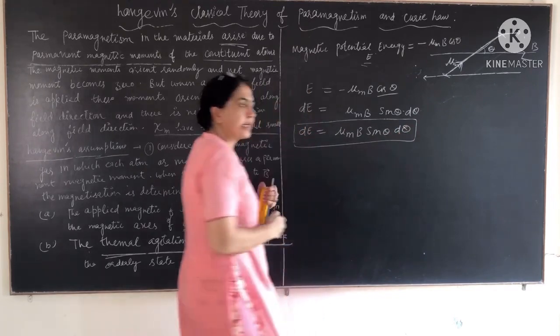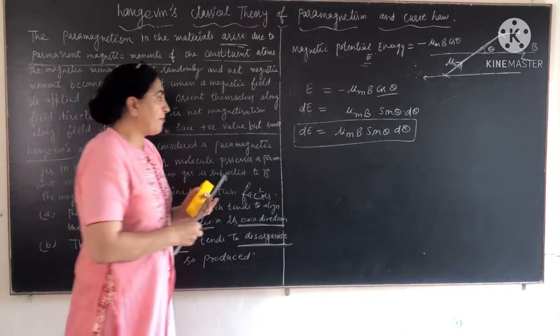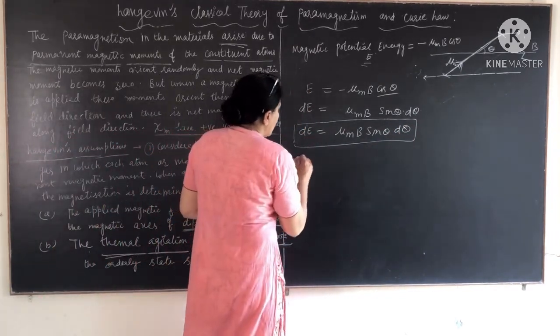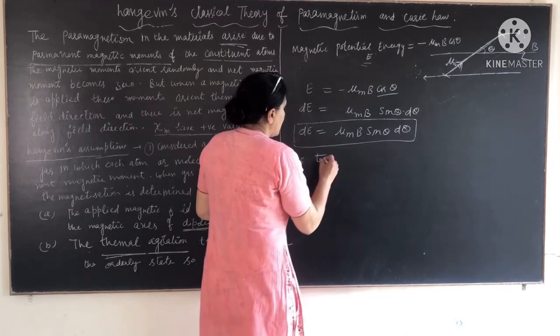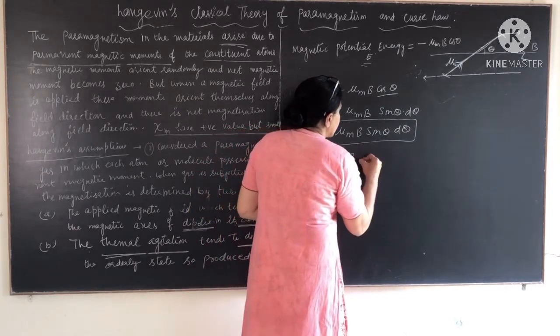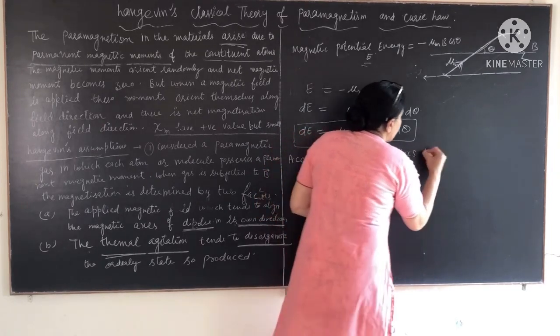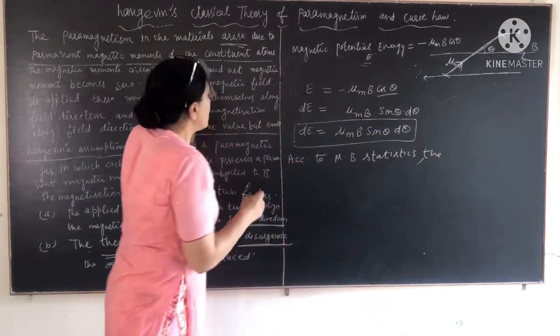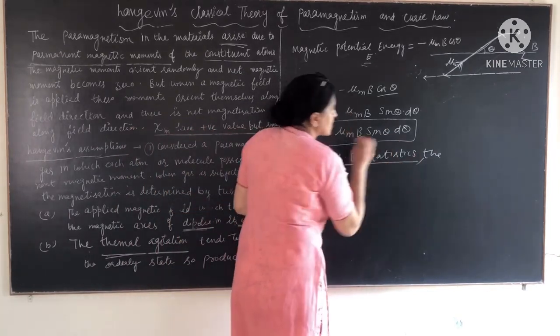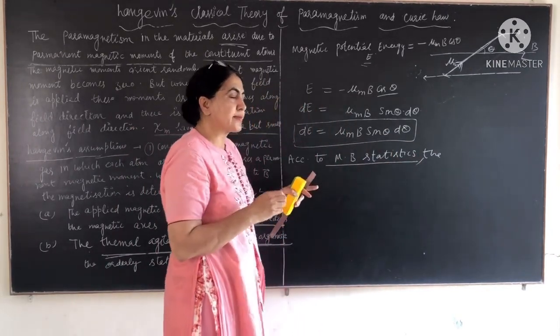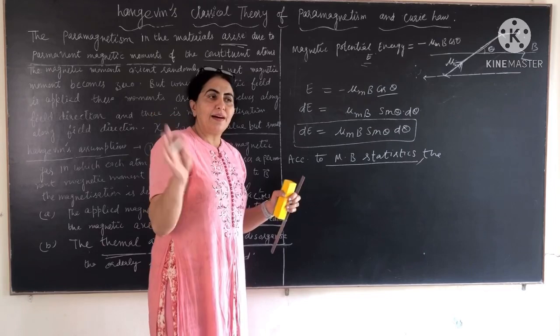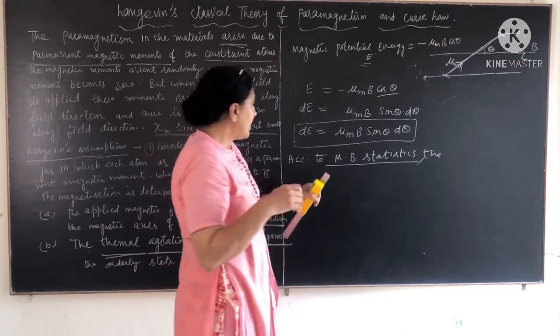Now according to Maxwell MB statistics, the Langevin Curie theory uses MB statistics, which we have also done in second year.